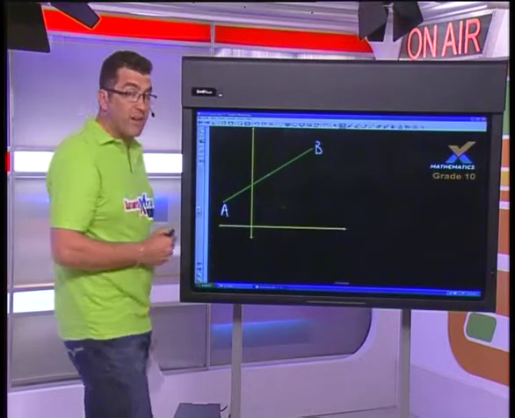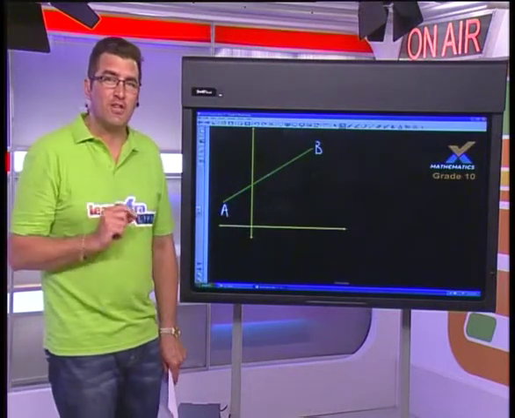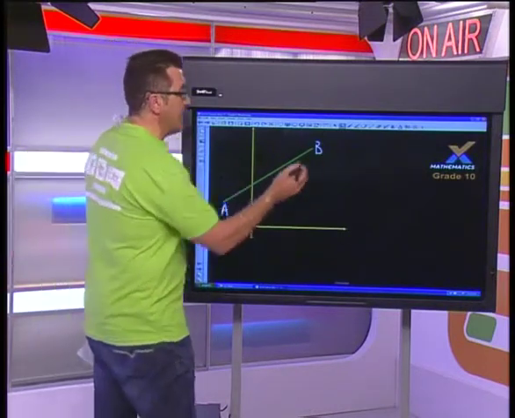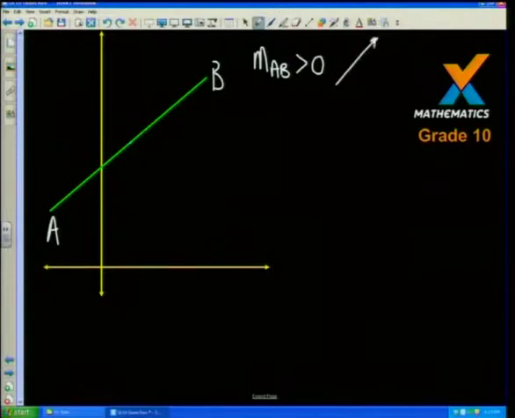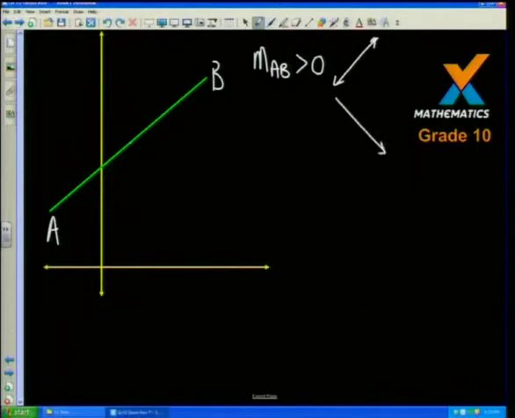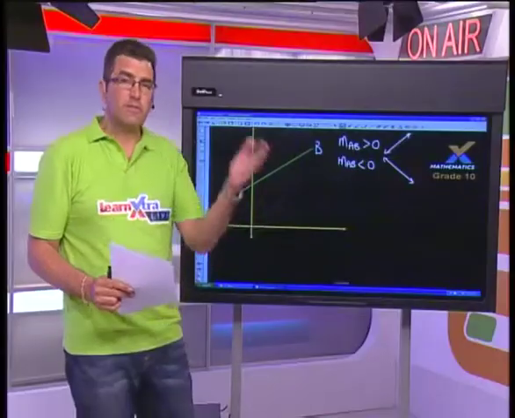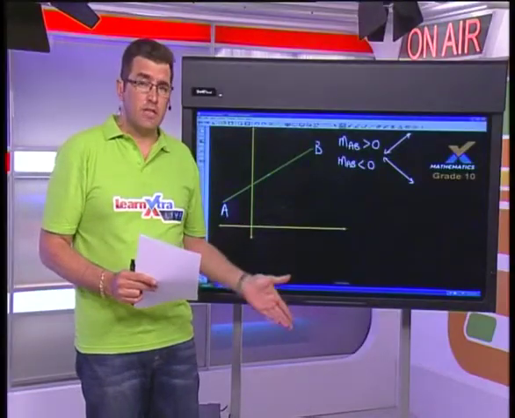When you talk about the function, it's an increasing function in mathematics. If a function increases, the gradient of that line is positive if the line slopes in that direction. If it slopes in another direction, in other words, decreasing, the gradient of that line segment AB will be negative. If the gradient is negative, the line is decreasing.